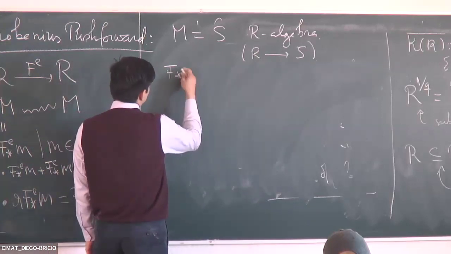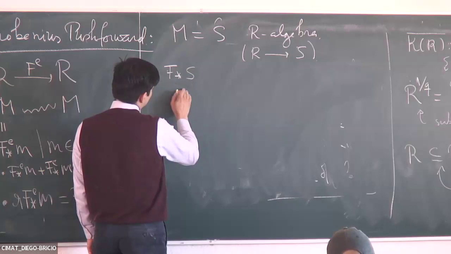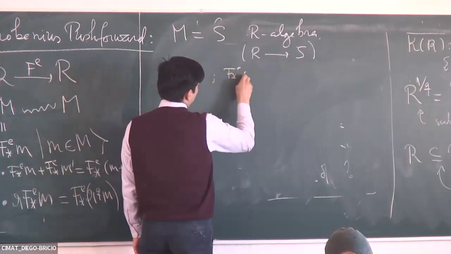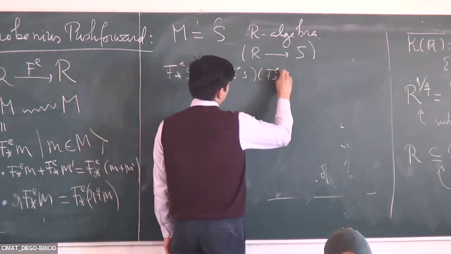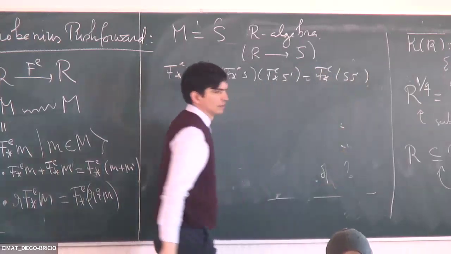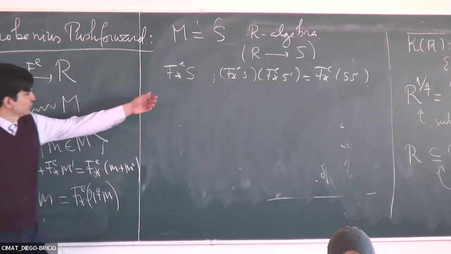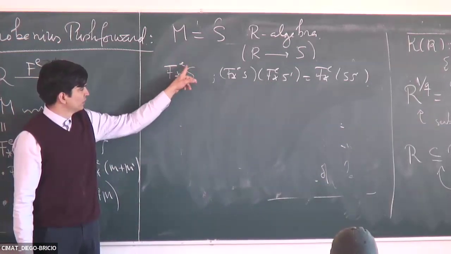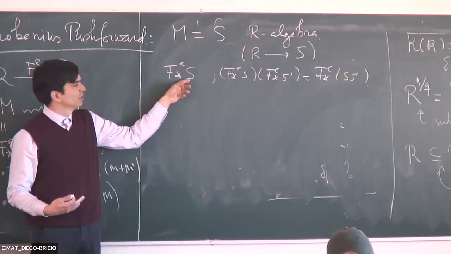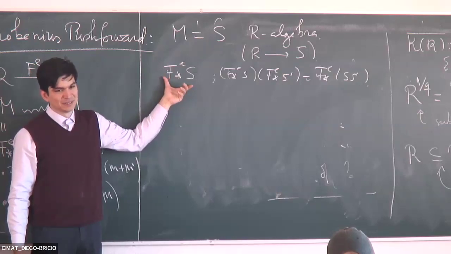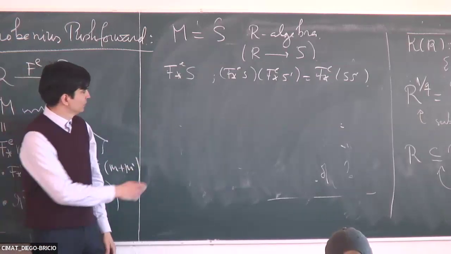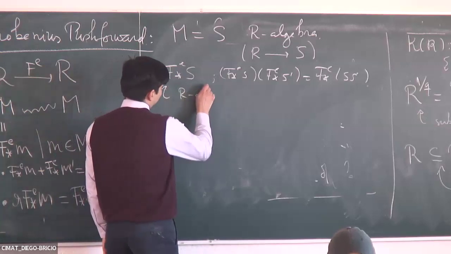The point is that you can think of this as a ring too. When you do the pushforward across the Frobenius of an R-algebra, it is a ring too. It's an R-algebra. It's literally the exact same ring as S, but the R action is different. It has a Frobenius twist.